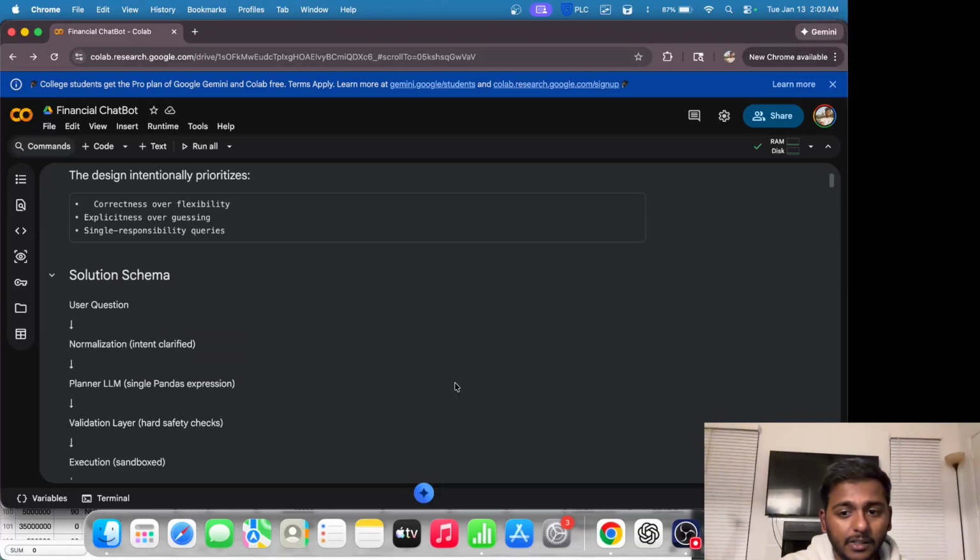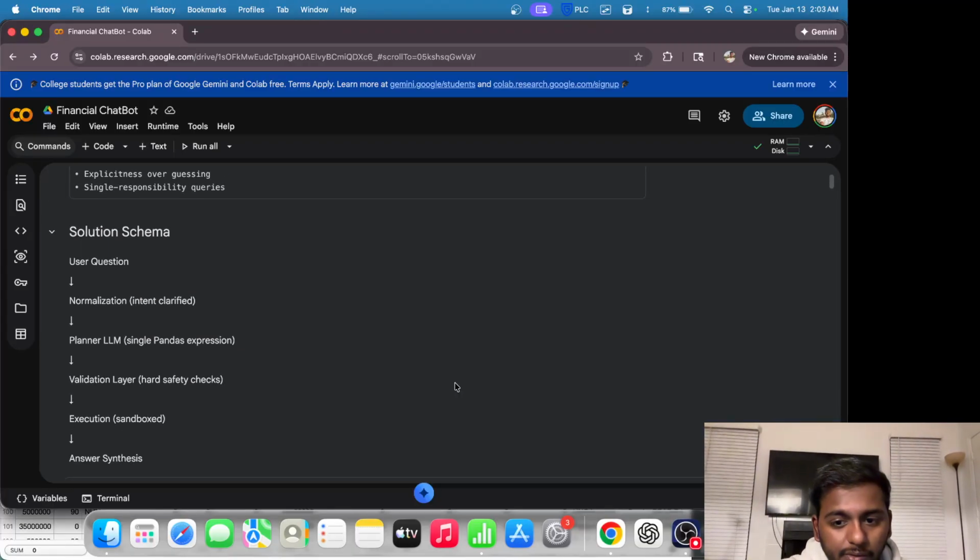So I'll quickly go through the high level overview. This system works in four strictly separated stages, which are schema grounding, normalization, rule based query planning, and safe execution.